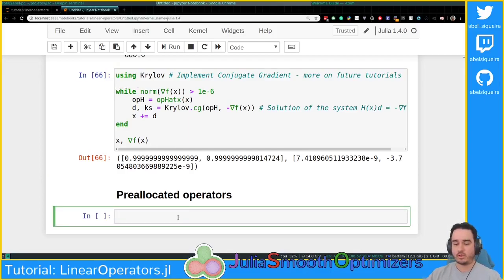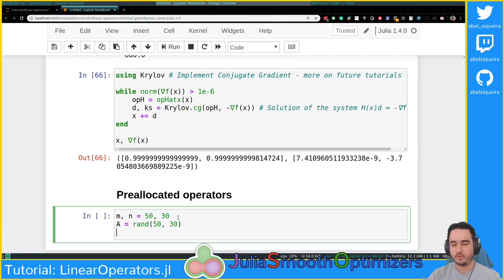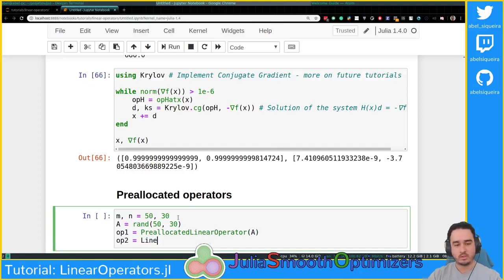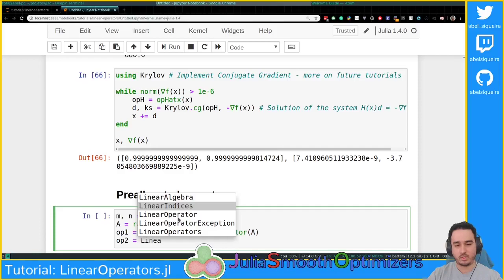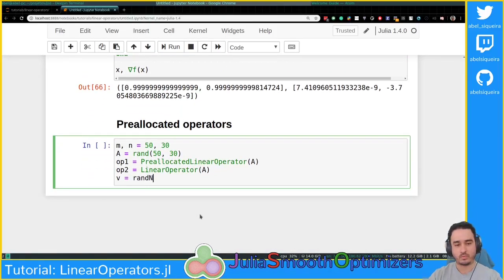So there is a kind of operator that is the pre-allocated linear operator. I'm going to show an example here in which the allocation is made internally. This could be made externally, of course, so you do not have to use a pre-allocated operator, but this saves a bit of time.